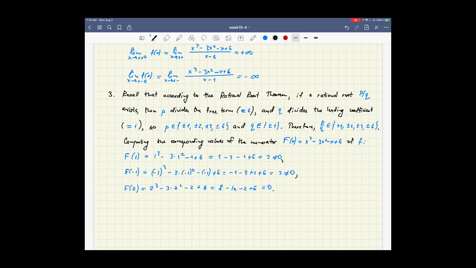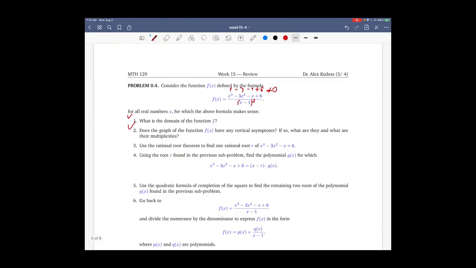Then we found the rational root of the numerator of f is 2. So that finishes part 3.